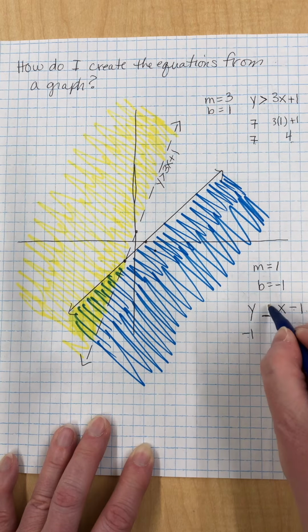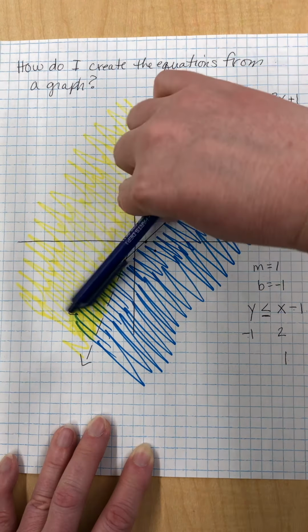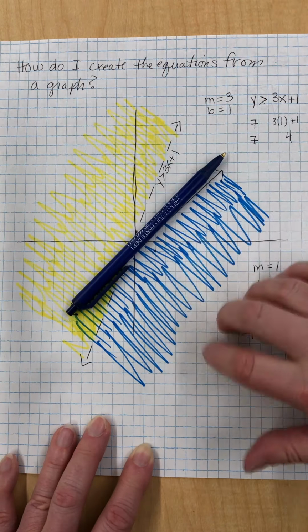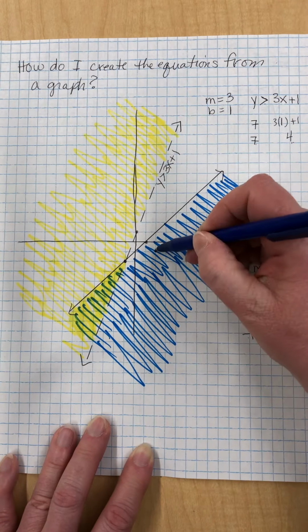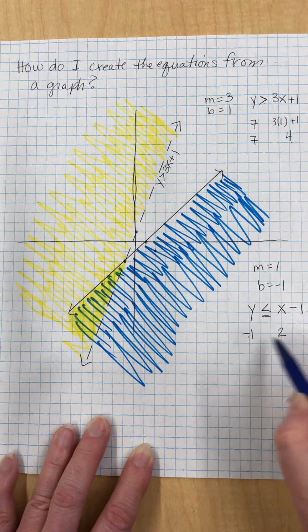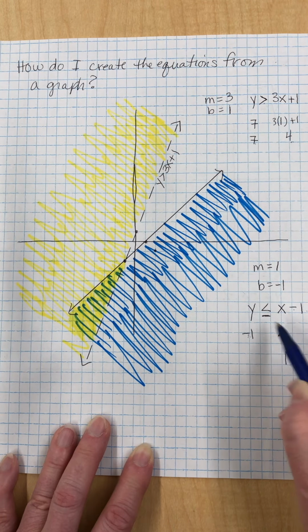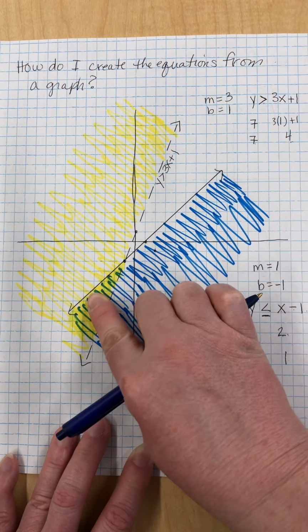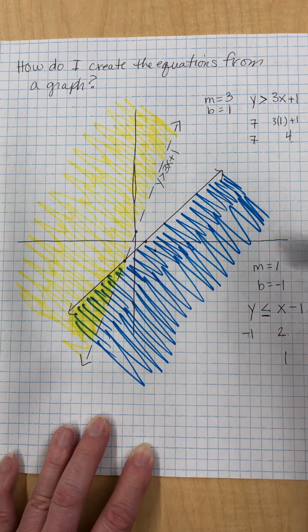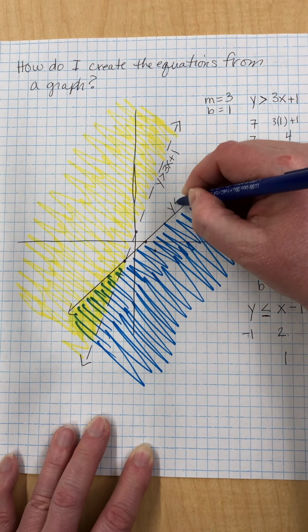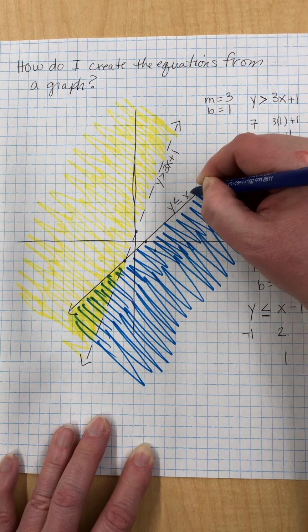Well, it's less than. And it's less than because it's below it. But if you're not seeing that, take a dot from the section, put it in, and see what these numbers are. Negative 1 is less than positive 1. And remember, because it is solid, it's also or equal to. So this line is y is less than or equal to x minus 1.